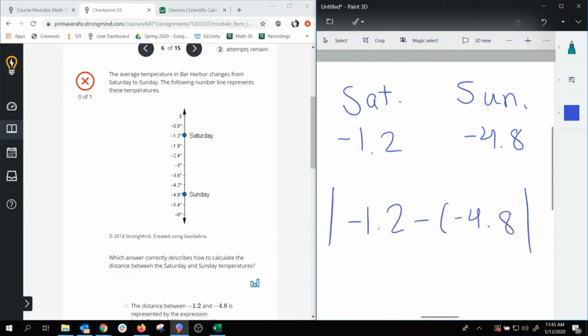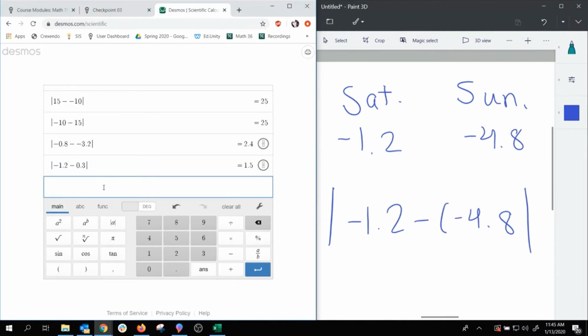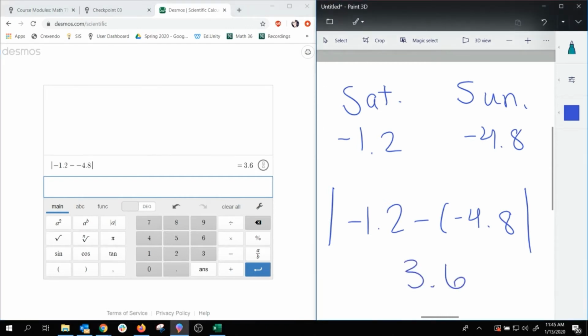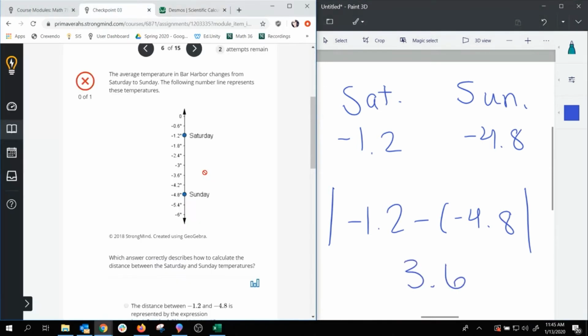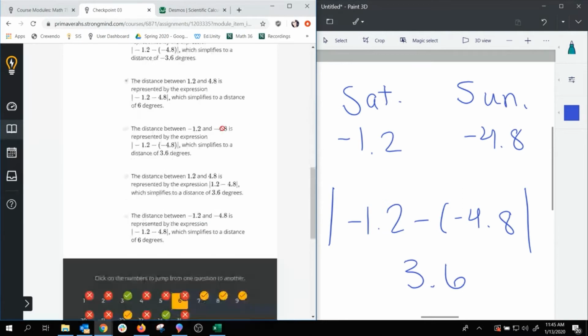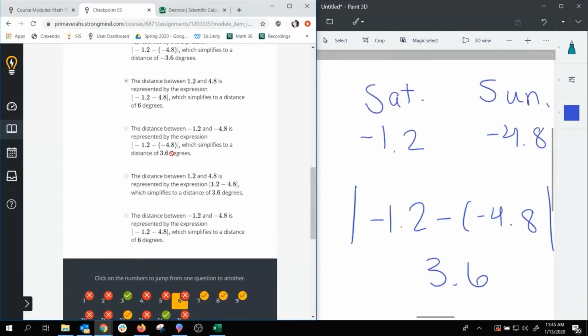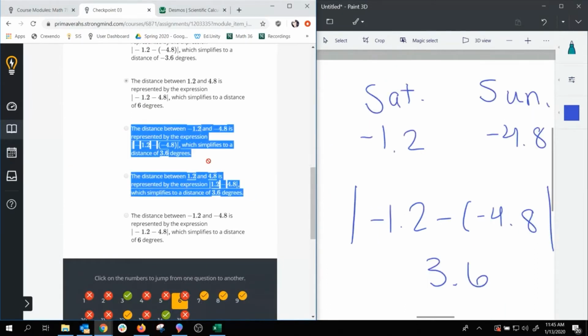And so if I were to type that into a Desmos calculator to figure out what the actual distance between those two is, it tells me that I should have a distance of 3.6. So if I look through my answer choices here, this says 6 degrees, 3.6, 3.6, and 6. So I'm looking at these two answer choices, both the ones with the 3.6, because that's the distance.